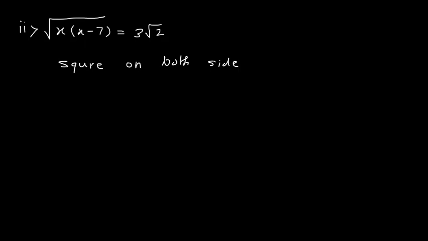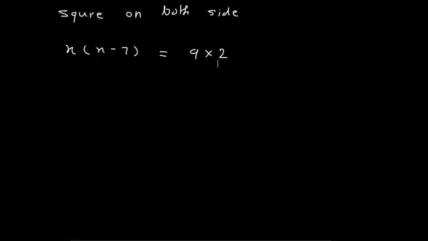We get x into x minus 7 is equal to, here 3 3s are 9, 9 into 2. So therefore we have x square minus 7x minus 18 is equal to 0.